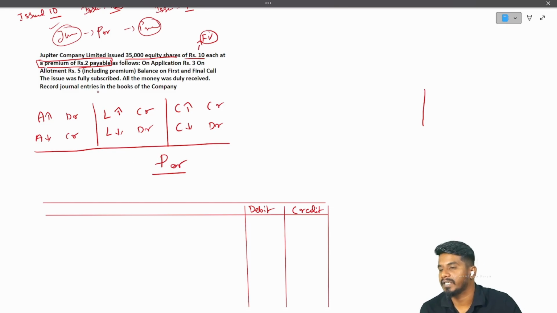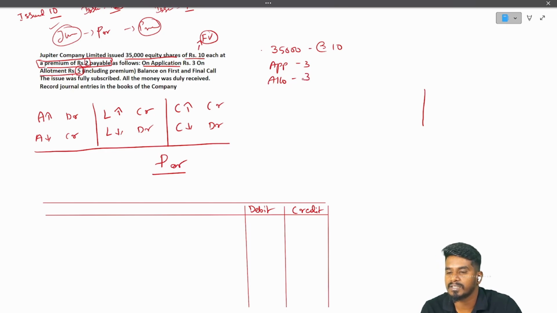Jupiter Company Limited issued 35,000 equity shares at 10 each. They have issued 35,000 shares at 10 rupees. On application we need to pay 3 rupees. On allotment they have mentioned 5 rupees including premium. Premium is 2 rupees, we need to minus it, so just 3.